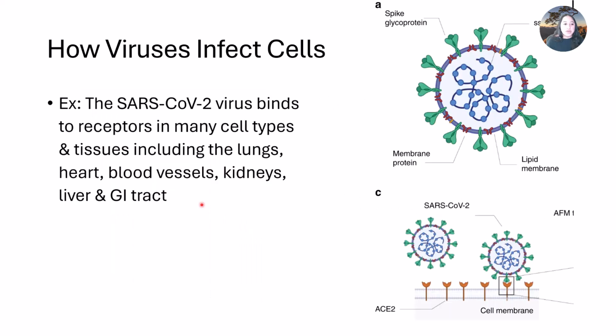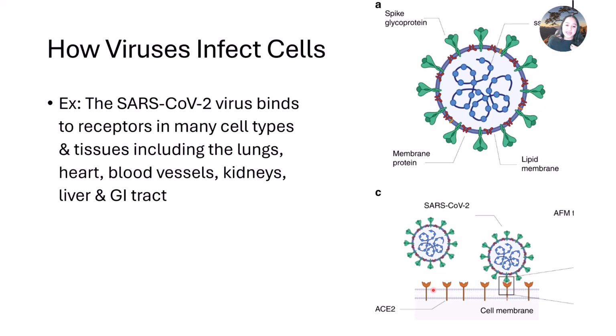Another example is the SARS-CoV-2 virus that causes the COVID-19 respiratory disease. SARS-CoV-2 is the actual name for the virus. Like I said, it has a shell, and it has RNA inside instead of DNA. But there are proteins on the outside that bind to and trick some of our cells into letting it in. Again, only certain cells have that kind of receptor.